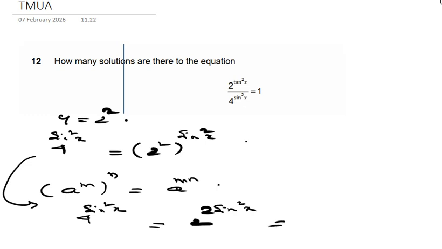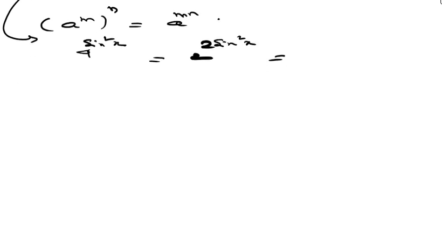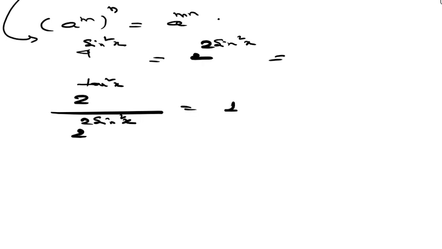Okay, now substitute into the original equation. So the equation becomes what? 2^(tan²x) / 2^(2 sin²x) is equal to 1. Now use the exponent rule: a^m / a^n is equal to a^(m−n).